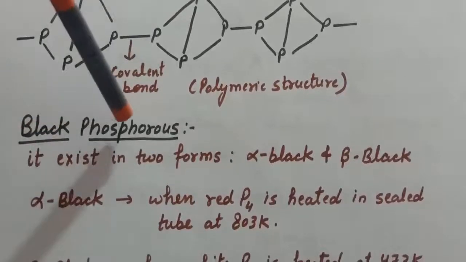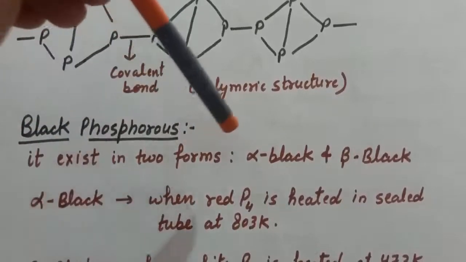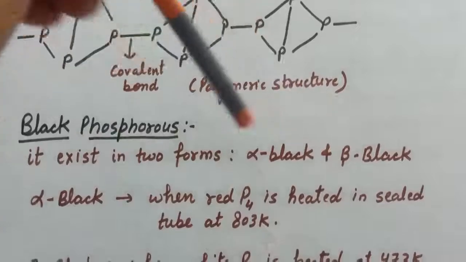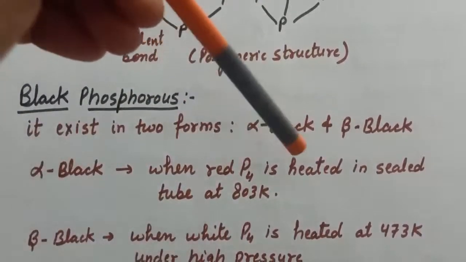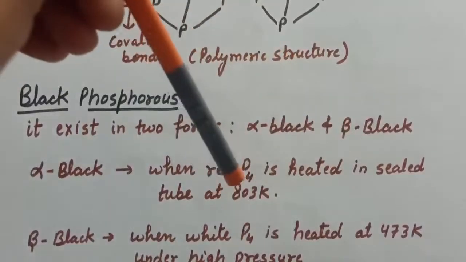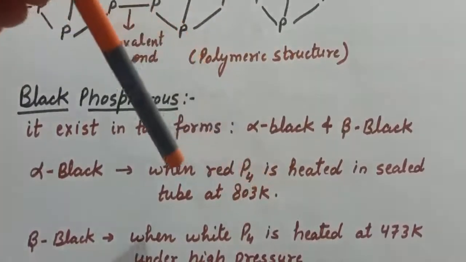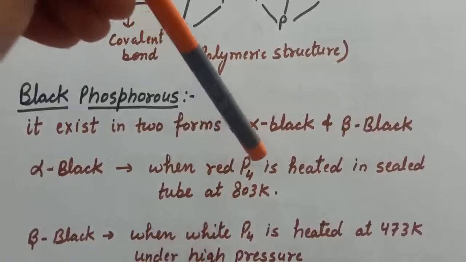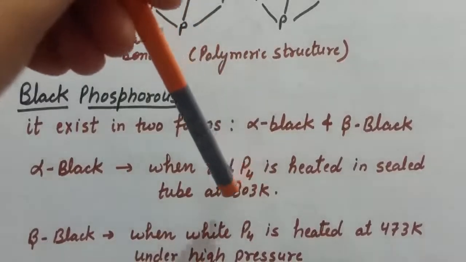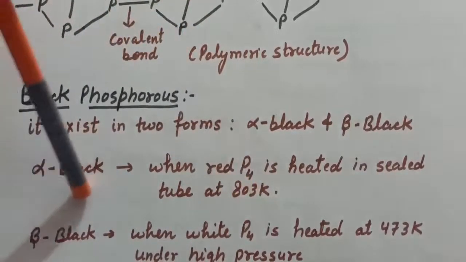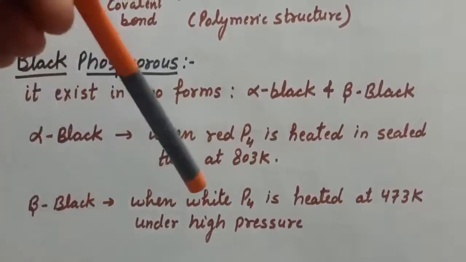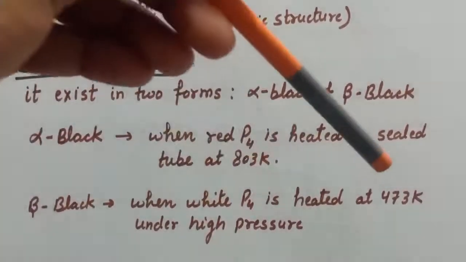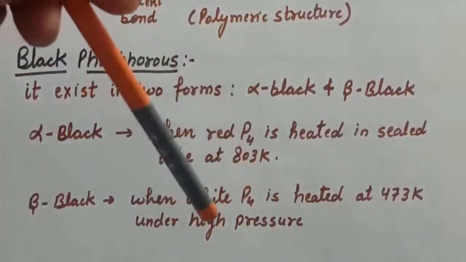Now this black phosphorus exists in two forms, alpha black and beta black. Alpha black is formed when red phosphorus is heated in a sealed tube at 803 Kelvin. And beta black is obtained when white phosphorus is heated at 473 Kelvin under high pressure.